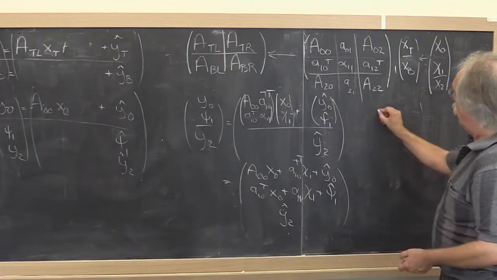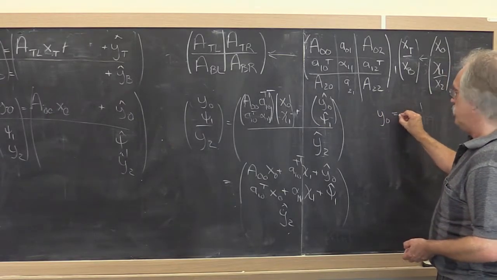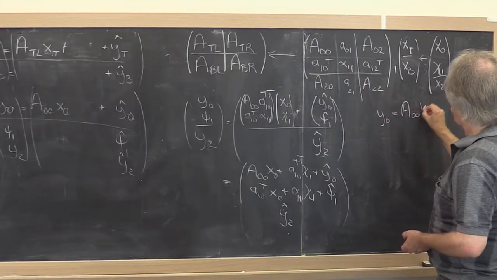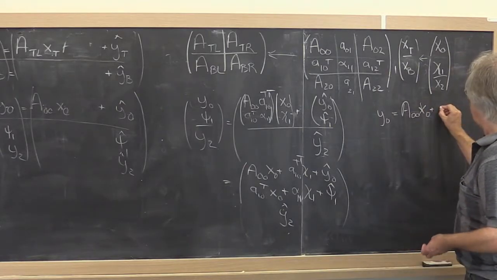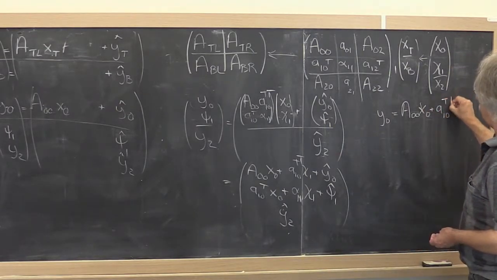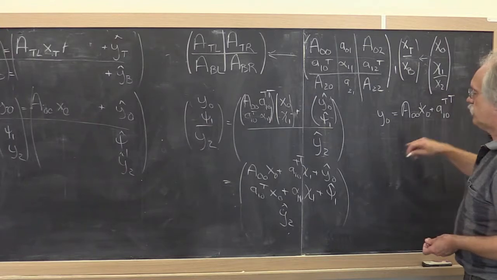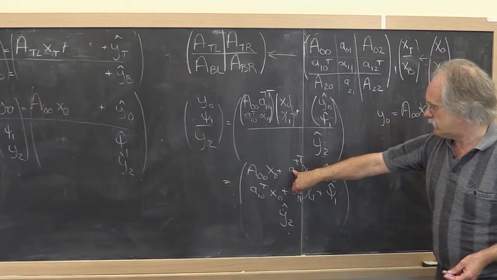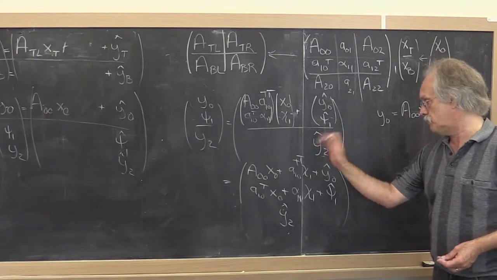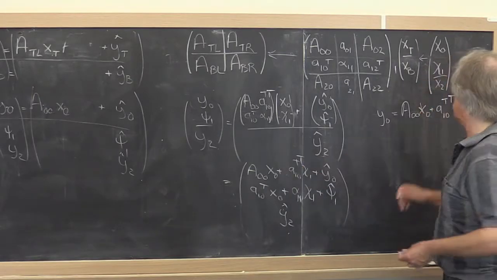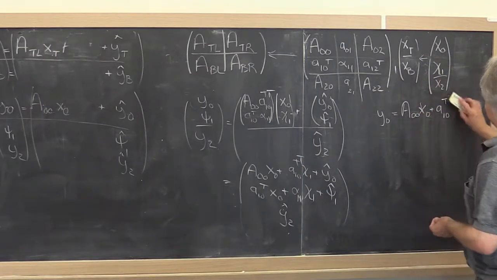We know that y0 must be equal to chi00 x0 plus a10 transpose transpose. Actually, this is a vector. Remember, it's a row vector transpose becomes a column vector times a scalar. We can bring the scalar up front. So let's actually do that.